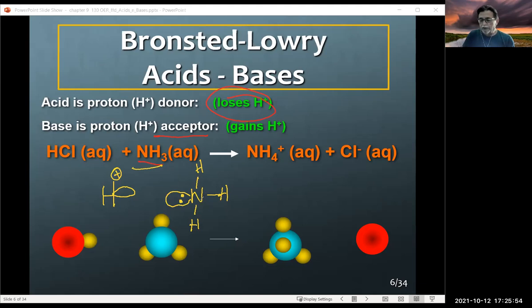The lone pair of the nitrogen of ammonia can then combine with the empty orbital of the proton and combine to make a bond. And in fact, if you remember, we did the electron configuration for this ammonium ion. Remember that?